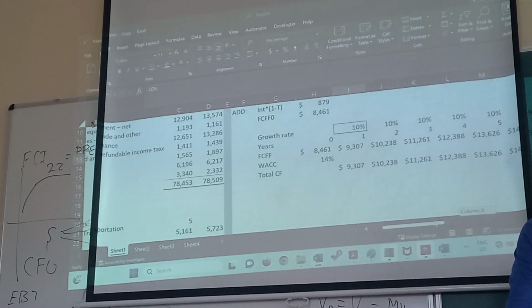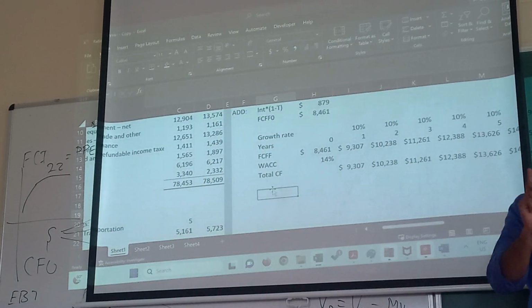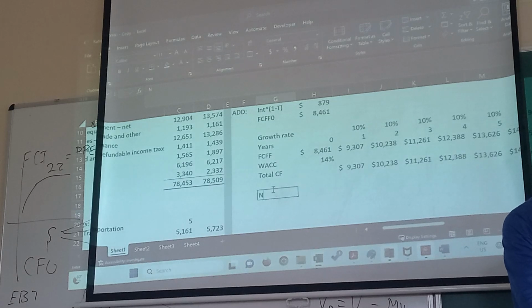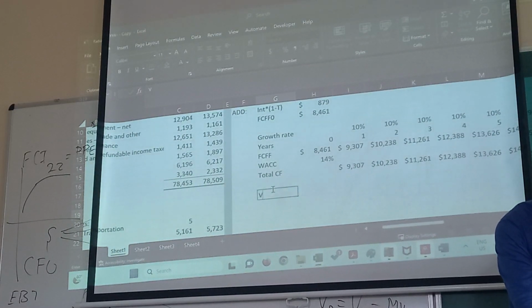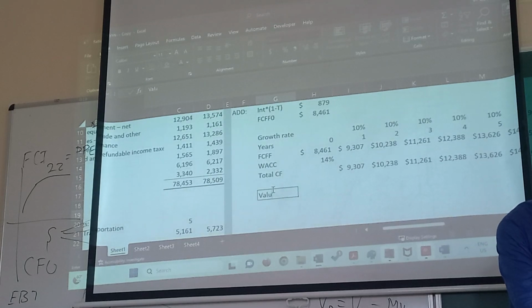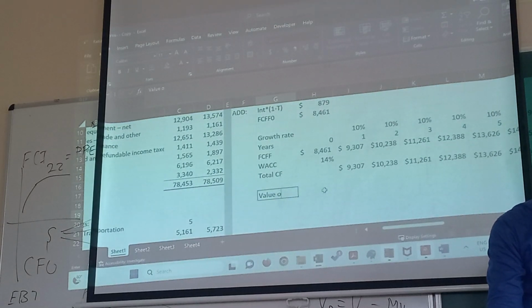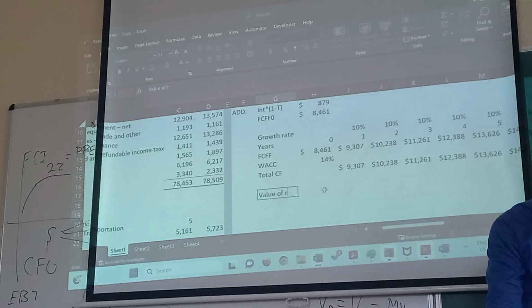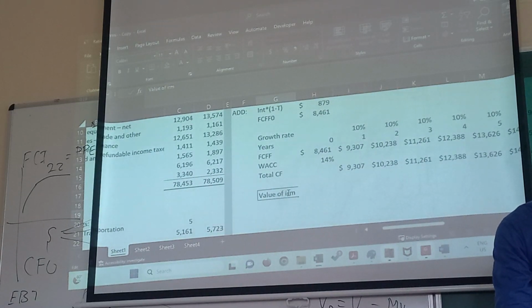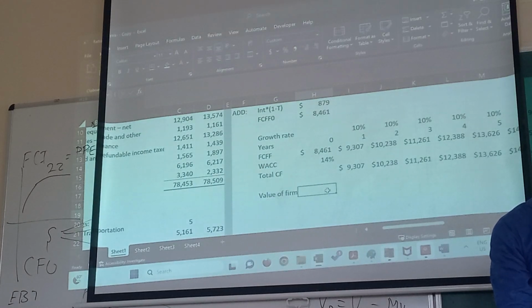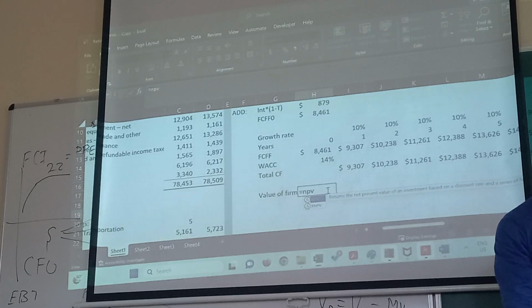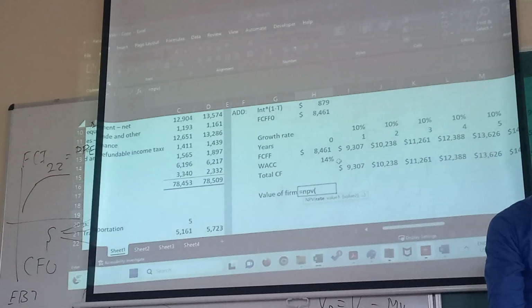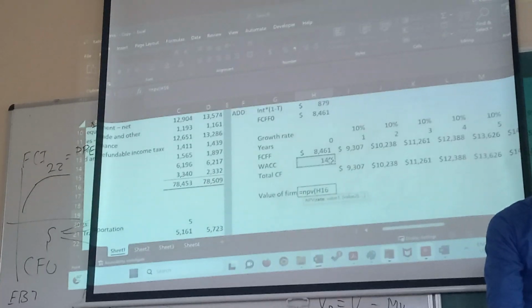Once you project the total cash flows, you can value the firm using the NPV. Listen carefully. Equal to NPV, then you select the rate.